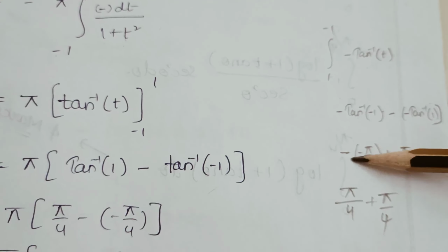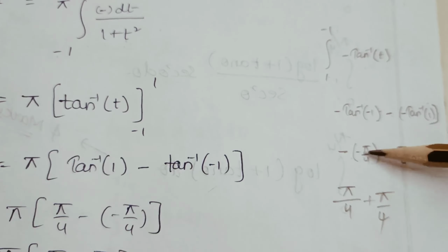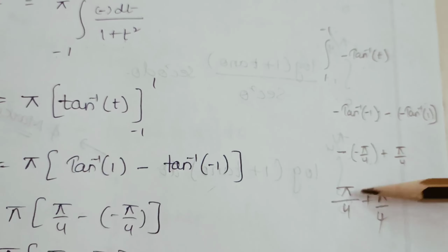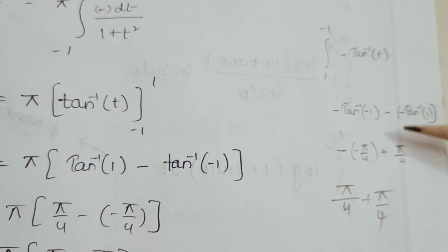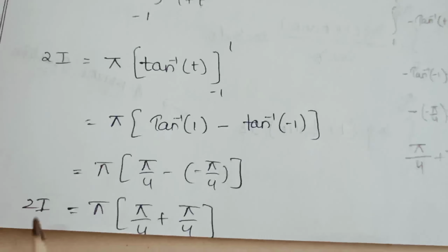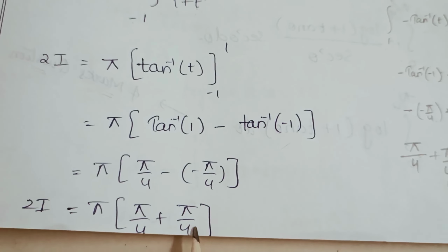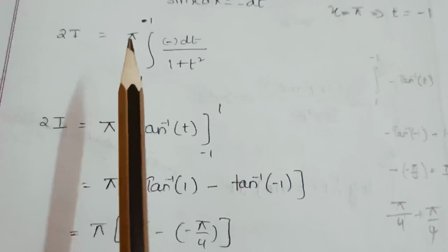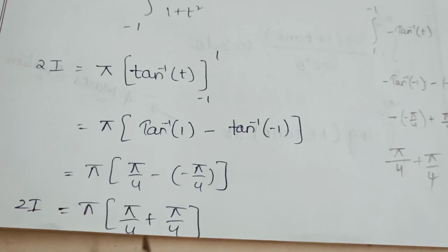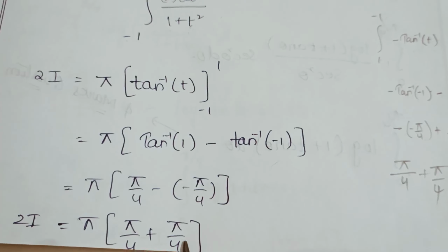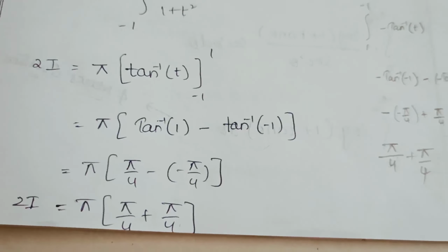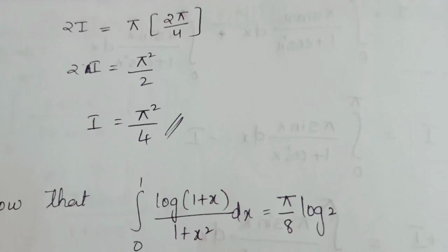This minus and this minus becomes plus, so we get pi by 4 plus pi by 4. This pi is already there here. So pi by 4 plus pi by 4 is nothing but 2 pi by 4. We are getting the same values.